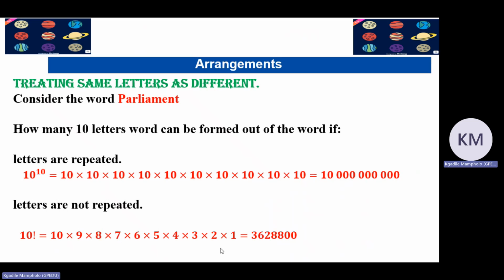So the answer will be 3,628,800 words that can be formed out of the word parliament if the letters are not repeated. But the shortcut is that you can just use 10 factorial. If you are using a Casio, you press 10, then shift, then the key below the mode key with the exclamation mark.